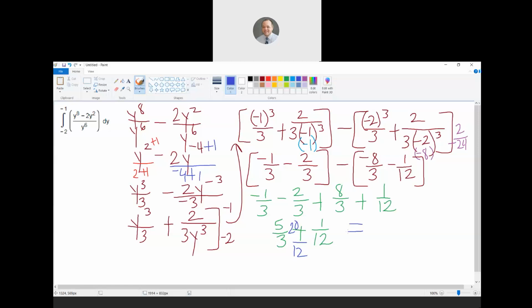Plus 1/12 gives us 21/12. The only thing I ask you to do with fraction answers is reduce them to lowest terms. So we'll divide both numbers by 3 to get our answer, 7/4.